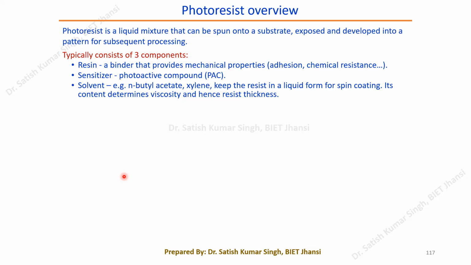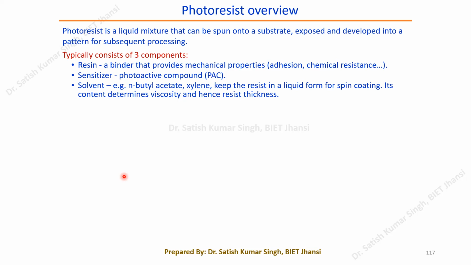Before that, we have to look at the different components of a photoresist. As I said, the photoresist is an organic compound made up of hydrocarbons, and we can divide it into three different components.